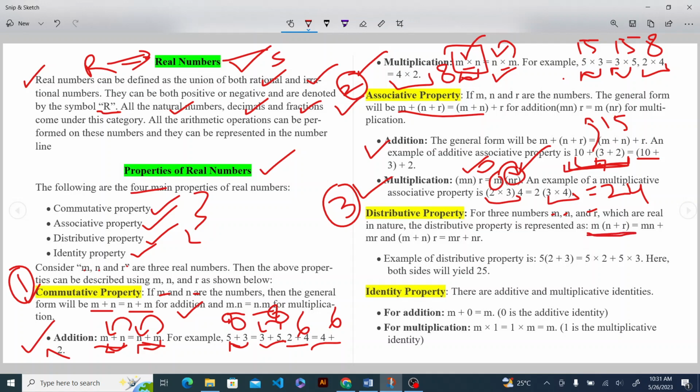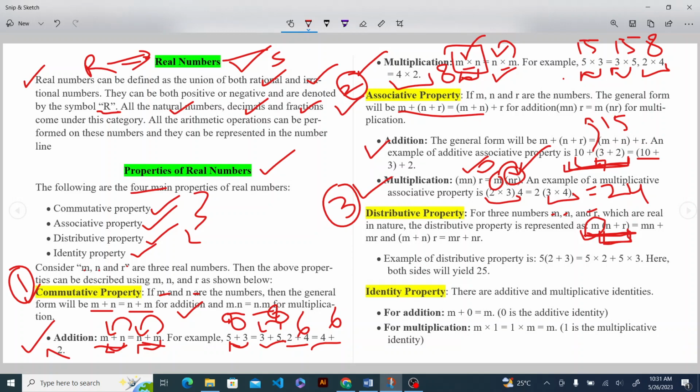On the left hand side, what is being done? The second and third number are added to each other, n plus r, and then that sum of n plus r is being multiplied with the first number m. It will generate a value, and that value will be equal to the right hand side.